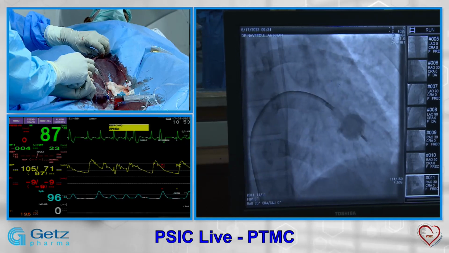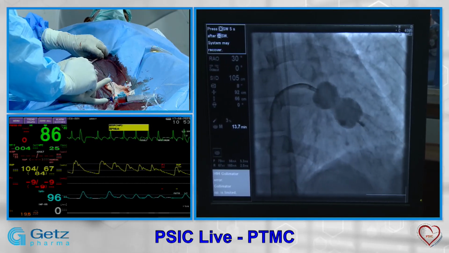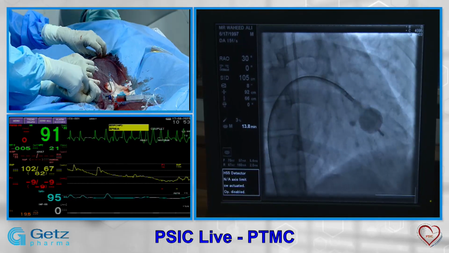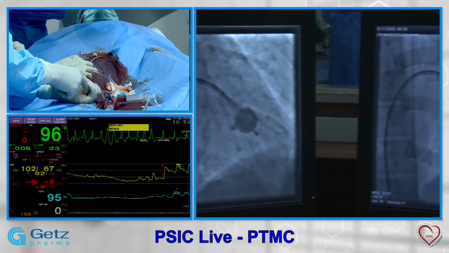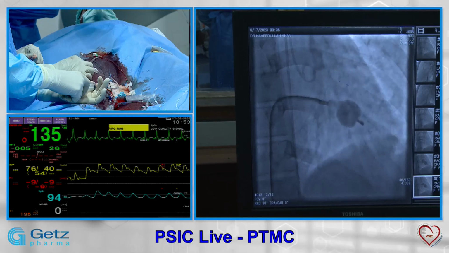Now again, the balloon is half inflated, we'll pull back and now inflate full. Full. Yes. Can you please capture this?